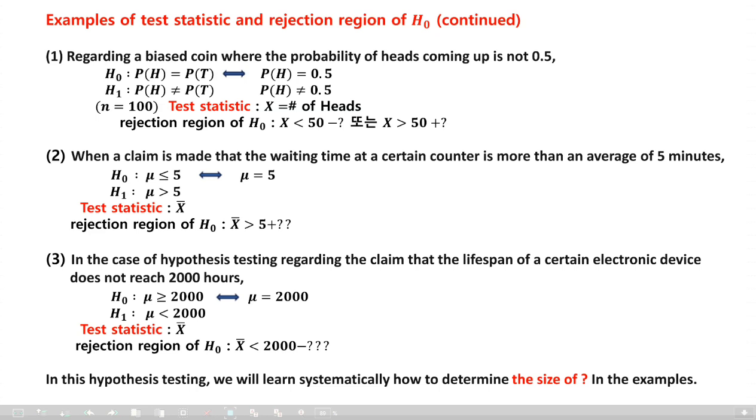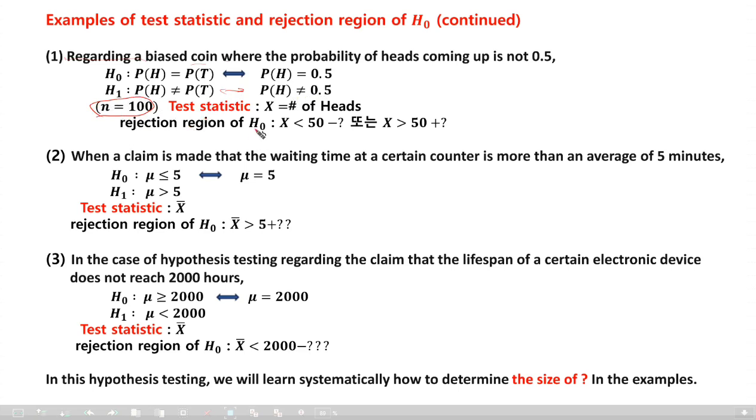Okay, let's see the example continued. Regarding a biased coin where the probability of heads coming up is not 0.5, the H0, H1 is something like this. You may say, okay, pH equal to 0.5, and pH is not equal to 0.5. Same thing. And say the sample size is 100.